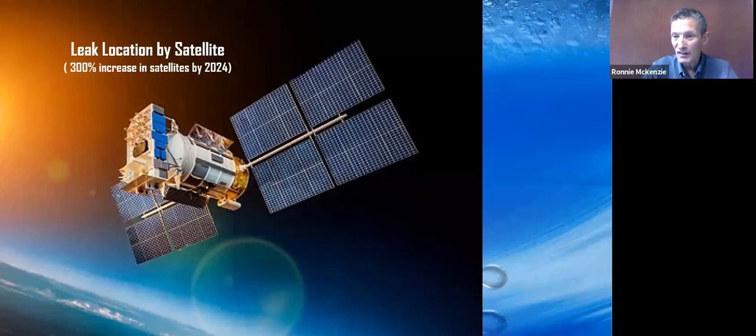There's lots of companies offering to find leaks with satellites now. I believe they're going to push up hundreds, if not thousands, of new satellites over the next 5 or 10 years, which means that satellite technology will become cheaper, and it may well be viable to find leaks using satellites. I have no doubt that they're successful.